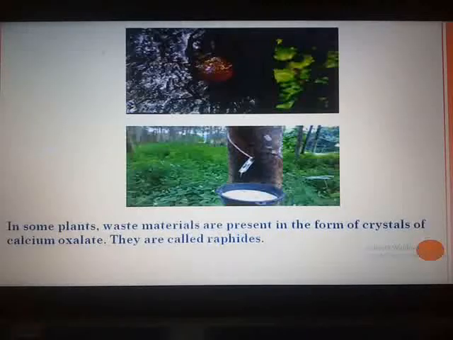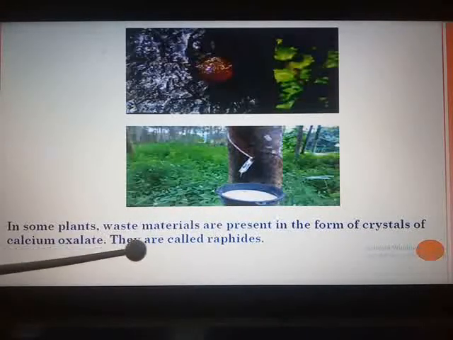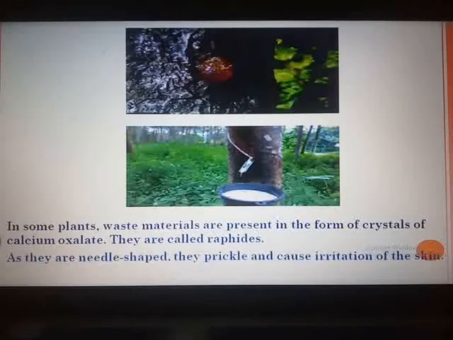In some plants, waste materials are present in the form of crystals of calcium oxalate, called raphides, which are needle shaped, prickle and cause irritation of the skin. You might have observed your mother while she cuts the elephant foot or the arum leaves. Elephant foot is suran.